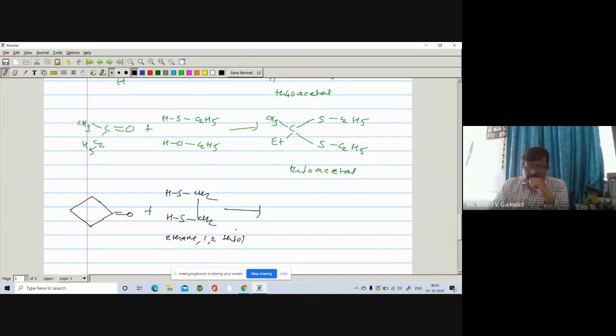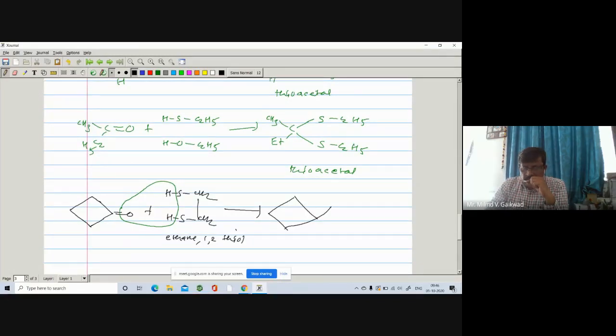It will react, of course. Again, in this case, you have to remove this oxygen and sulfur. We can write the mechanism that we have learned, and there is a formation of the corresponding compound like this one here.